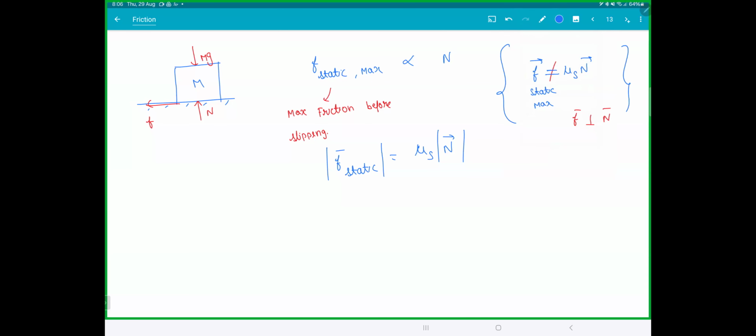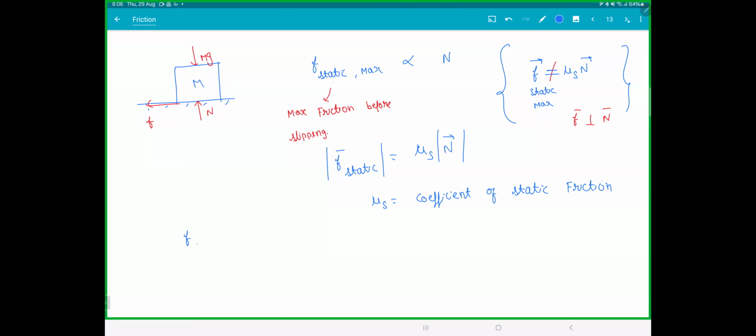So what you're comparing is the magnitudes here. So this quantity mu S is called the coefficient of static friction. So this is the friction which comes when there is no slipping. That is your first one.